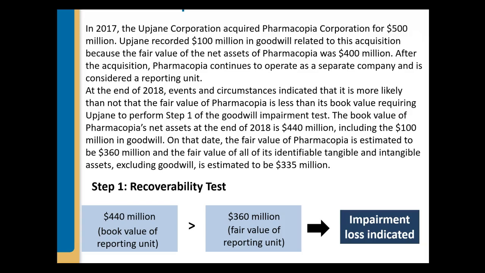The book value of Pharmacopoeia's net assets at the end of 2018 is $440 million, including the $100 million in goodwill. On that date, the fair value of Pharmacopoeia is estimated to be $360 million, and the fair value of all of its identifiable tangible and intangible assets, excluding goodwill, is estimated to be $335,000.